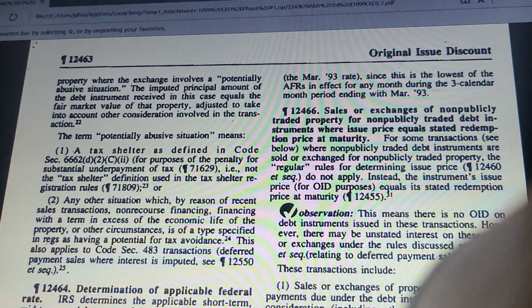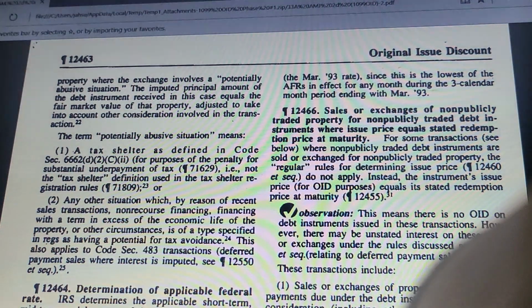12466, sales or exchanges of non-publicly traded property for non-publicly traded debt instruments where issue price equals stated redemption price at maturity for some transactions. See below, where non-publicly traded debt instruments are sold or exchanged for non-publicly traded property. The regular rules for determining issue price (12460 at the sequence) do not apply.